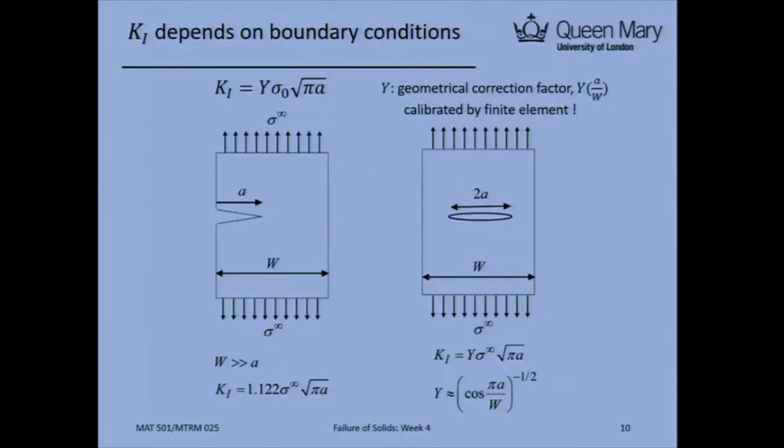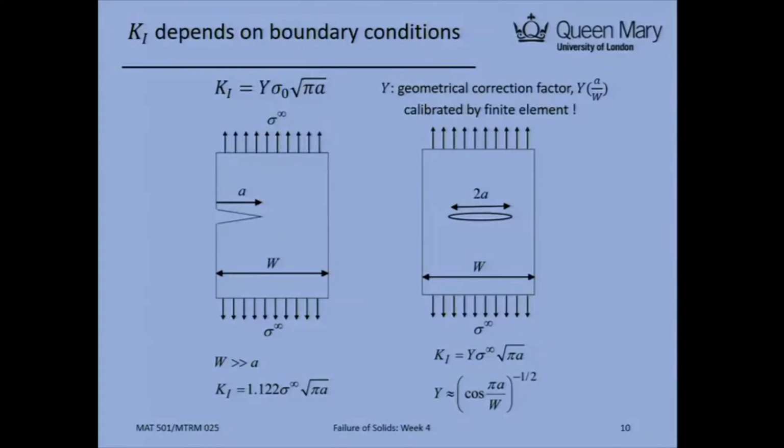Most of the time you can define the stress intensity factor like this: remote stress sigma times the square root of pi a. But there is one scale factor, which we call the geometric correction factor Y.